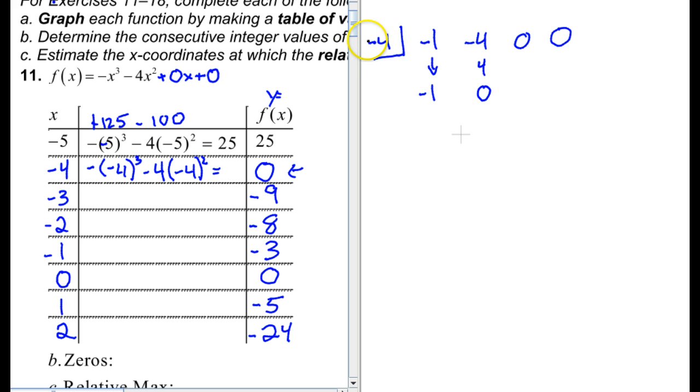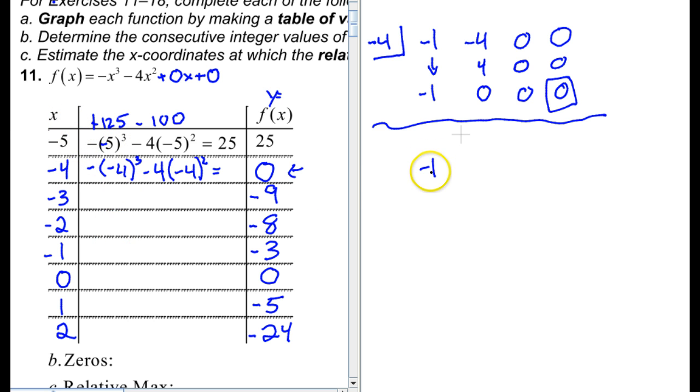Let's see here. Make sure we're doing it right. So negative 4, that'd be positive, that equals 0. And then we'll have 0 and 0. Yeah. So this means we have a root. Now, does that work for these other numbers as well? Let me plug in negative 5.